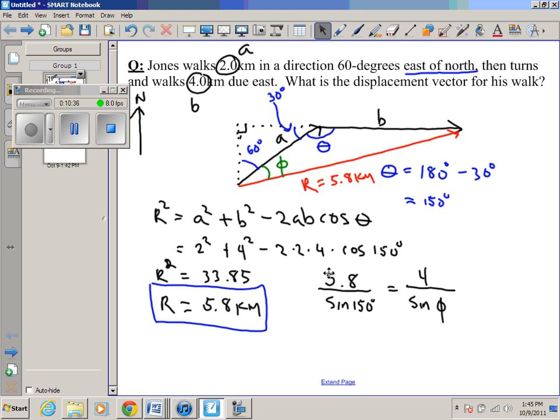Now I'm looking for phi. I know the side length r, I know the sine of theta, I know the side length b, and I'm looking for the sine of phi.